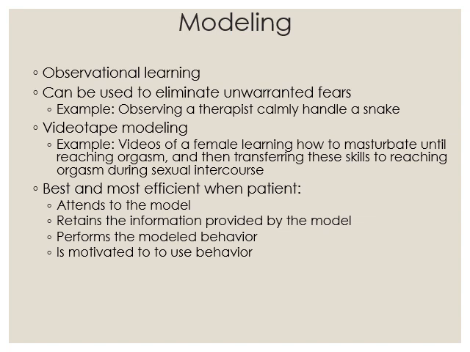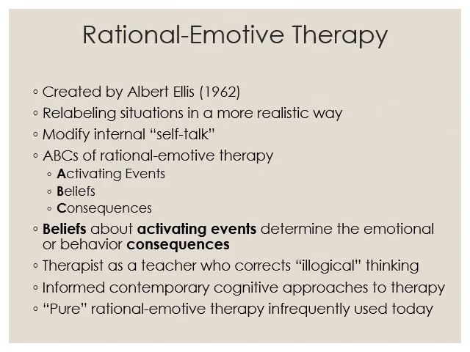So it's something that maybe wouldn't have been as impactful if it was just a series of instructions, but because they were able to observe this actress learning these techniques, it was easier. Modeling is best and most efficient when a patient really attends to the model, retains the information provided with the model, performs the model behavior, and is motivated to learn or use that behavior.